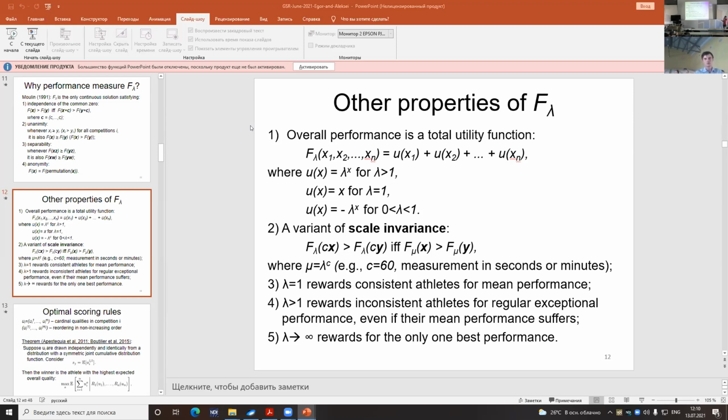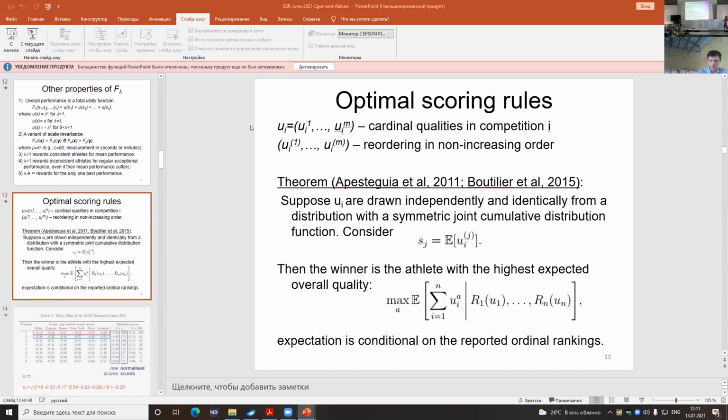When lambda is more than 1, it rewards inconsistent athletes who sometimes show exceptional performance in some individual competitions. And of course, when lambda goes to infinity, it rewards only the one best performance. For instance, your aim is to show a world record in one of the races, and maybe you can be disqualified in all other individual competitions.